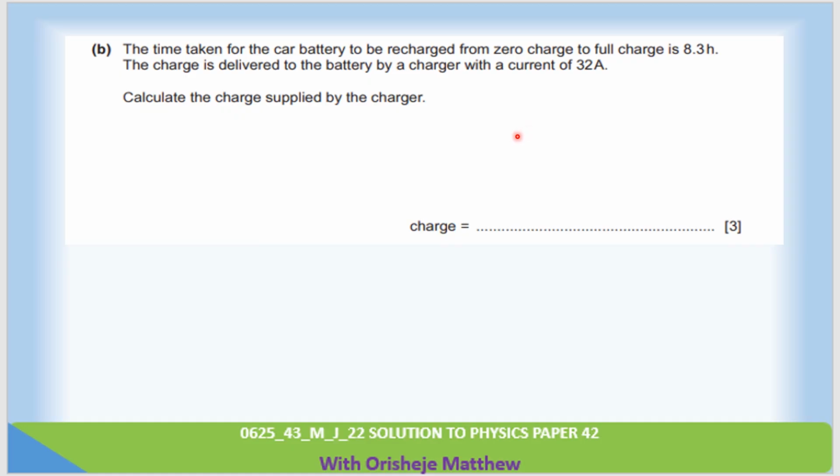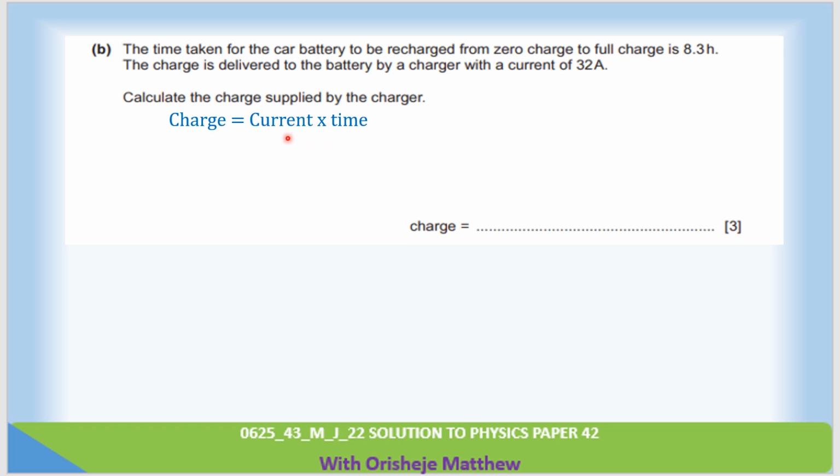So in other words, we are going to calculate the quantity of charge. So Q is equal to current times time. As easy as that. The more the time, the higher the charge transferred to the battery, and it's a function of the current flowing.